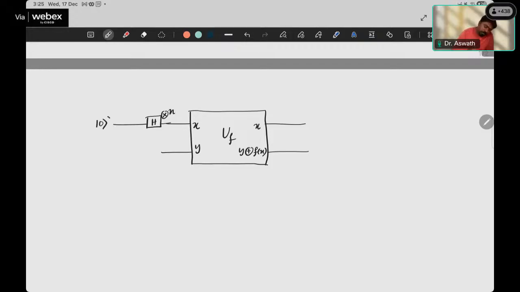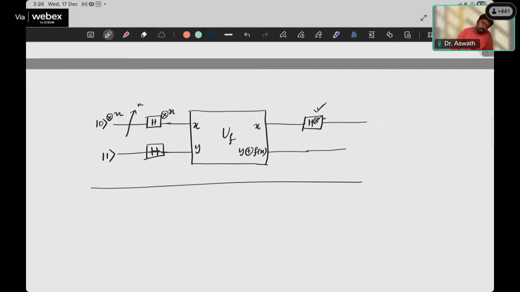There are n zeros, and there is an ancilla. This is what we have in the Deutsch algorithm. For Deutsch-Jozsa, I will also add one more Hadamard here, in this later part. So this is the Deutsch-Jozsa algorithm.